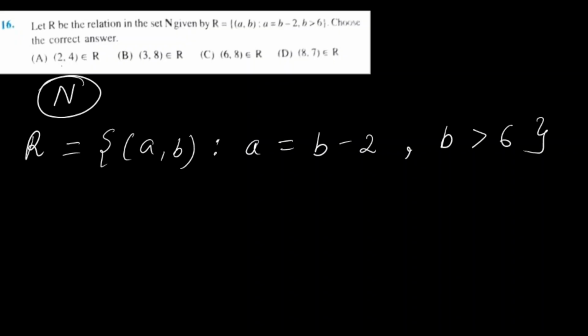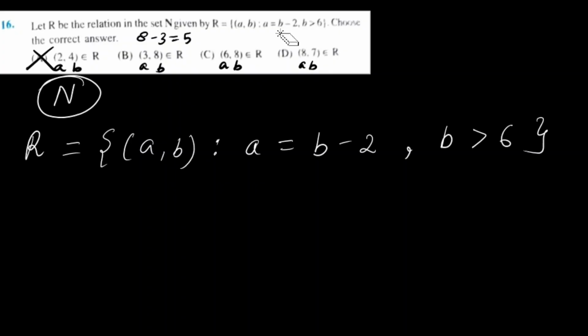First is (2, 4). This is (a, b). Easily we can check. The first option won't be correct because b is greater than 6, and in the first, b is less than 6. In the second option, b is greater than 6. But if you are doing b minus a, that is 8 minus 3, we will get 5.